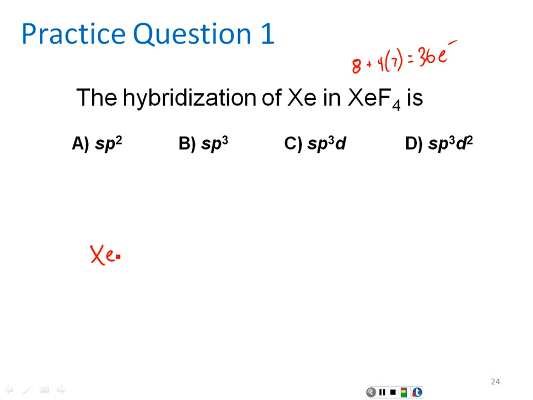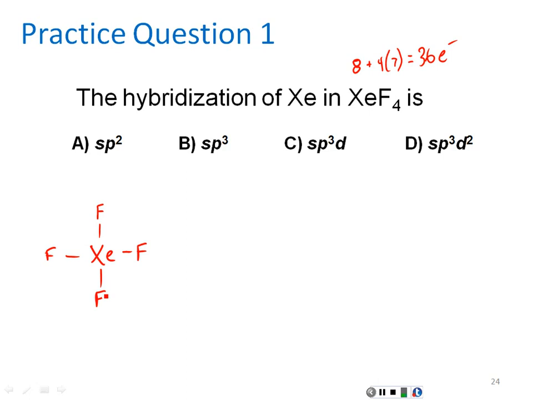Xenon will go in the center. It is a noble gas, but it is so far down the periodic table that it can, in certain circumstances, form bonds, especially with fluorine, which is the most electronegative element.